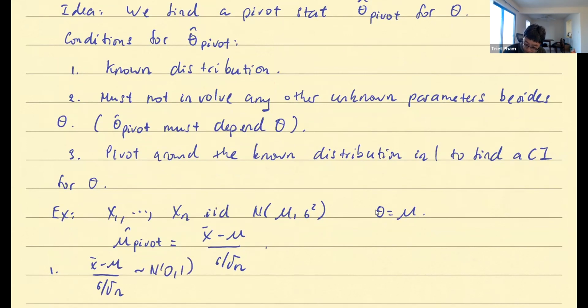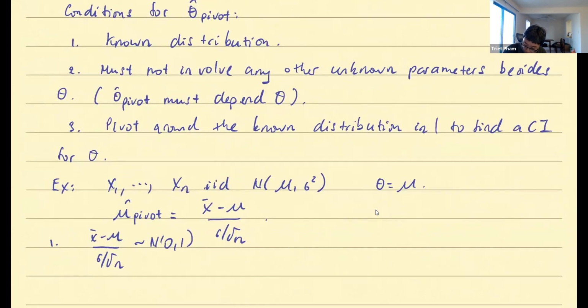2 is satisfied because we assume sigma is known. Let me put it down here: sigma known. Of course, this is highly unrealistic, as I mentioned before, and we'll very quickly try to remove this.